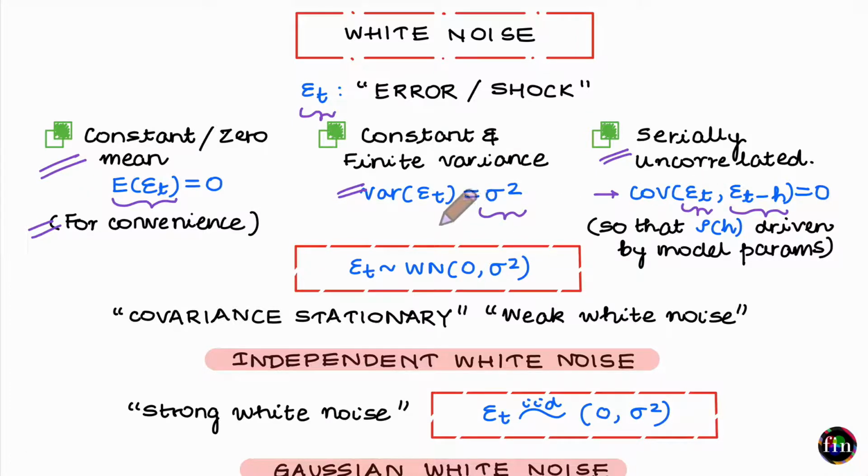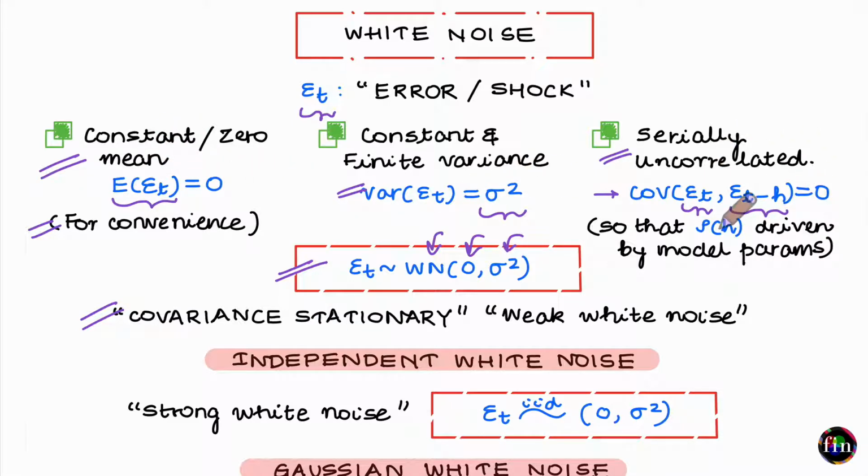Okay, then in terms of notation, I can write down that epsilon t is white noise with zero mean and variance sigma squared. Now you can very quickly check that these three properties which we have specified make white noise a covariance stationary process. Okay, it has a stable mean, condition 1 satisfied.